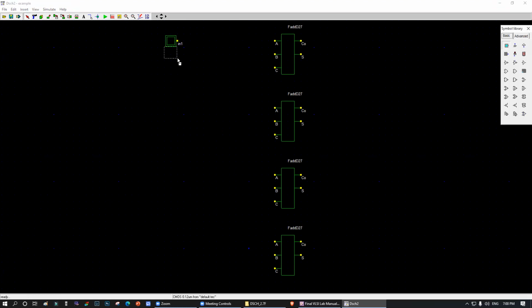Wait a second. Now here we need inputs, right? So input 1 2 3 4. Since it is 4 bit, we need 4 inputs. This is for A. That means let's say this is your A3, A2, A1, A0.